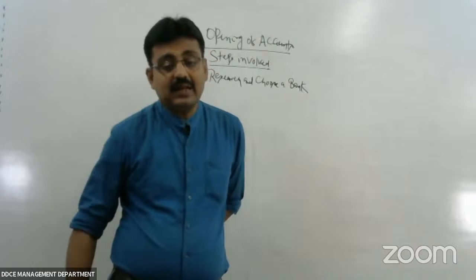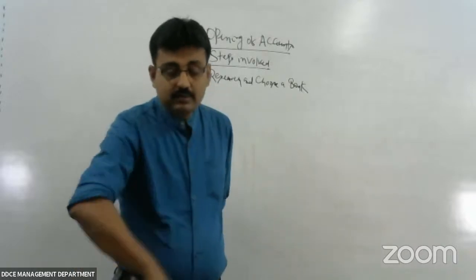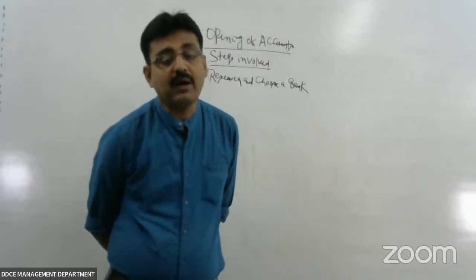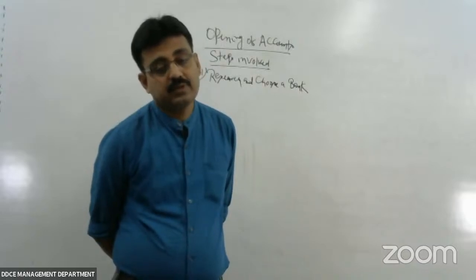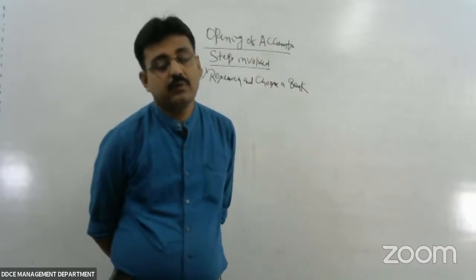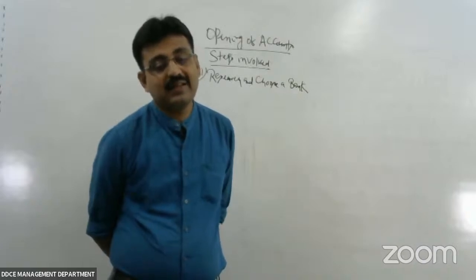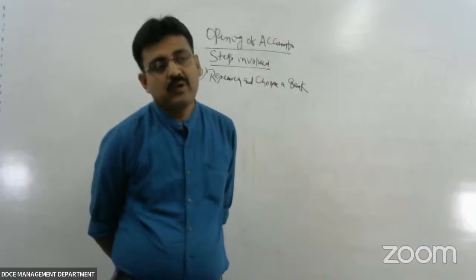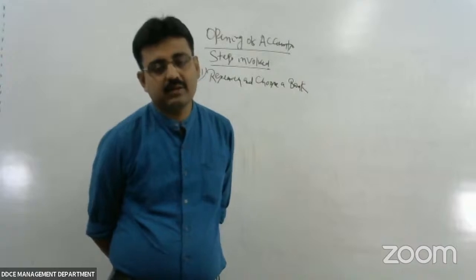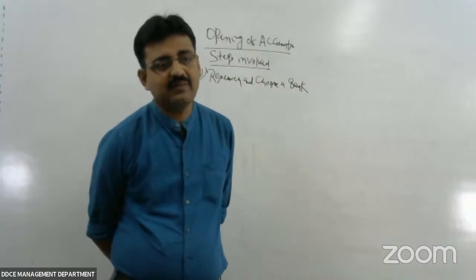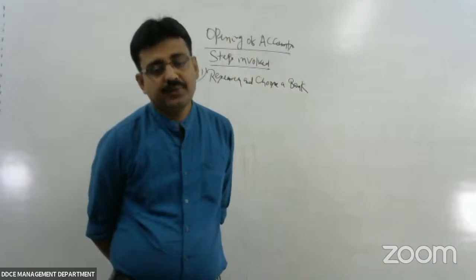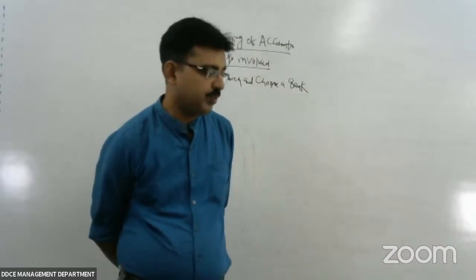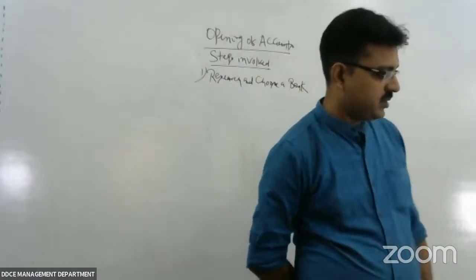So we look at that, and which bank is asking for what minimum amount to be kept in the account, whether you are able to maintain that minimum balance or not. So by looking at many factors, you first of all need to identify the bank of your choice where you want to open an account. So this is the first step.